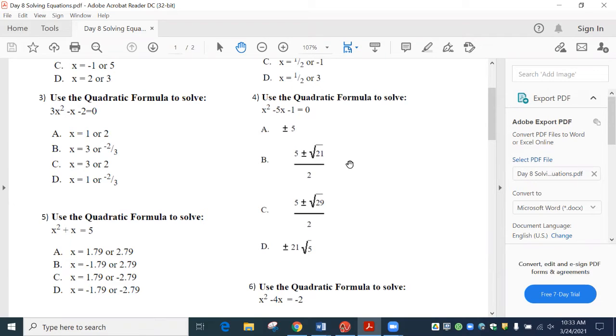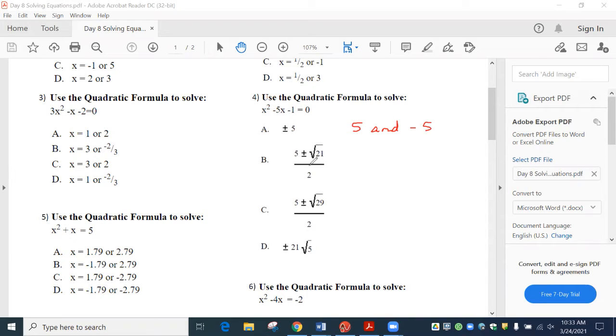Usually, we have 2 answers, and so you write it like this, right? But sometimes they write the 2 answers like this. So this plus or minus 5 is really a positive 5 and a negative 5. Does that kind of make sense right there? Okay. This right here is what freaks people out.